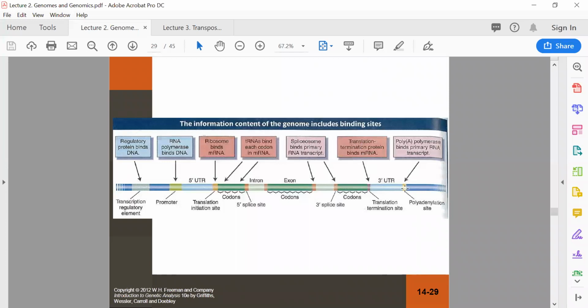What part of the genome represents where the poly A tail will form? What part of the genome represents where the ribosome will bind to the messenger RNA? What about the sequence of DNA in the 5' UTR, untranslated region?